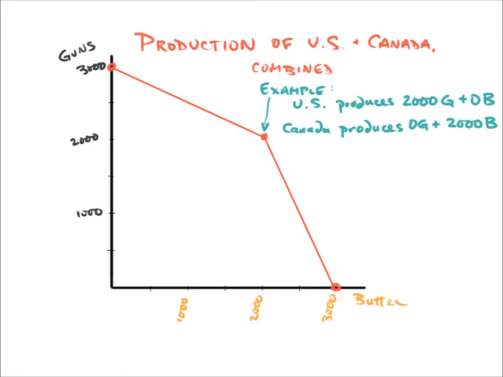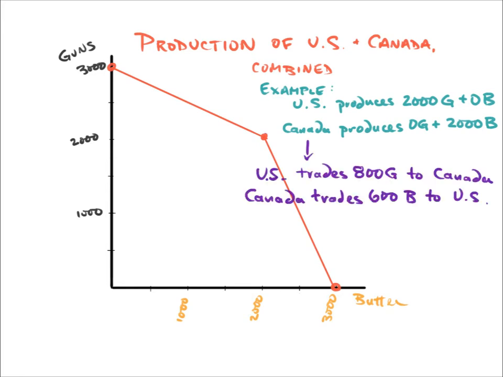Now, let's just suppose, again, for the sake of this example, that the U.S. produces only guns, Canada produces only butter. So that means the two countries together are producing at this point right here. Then they trade. And the US gives 800 guns to Canada, and Canada gives 600 butters to the US.